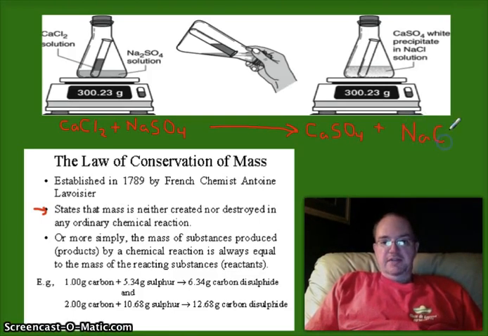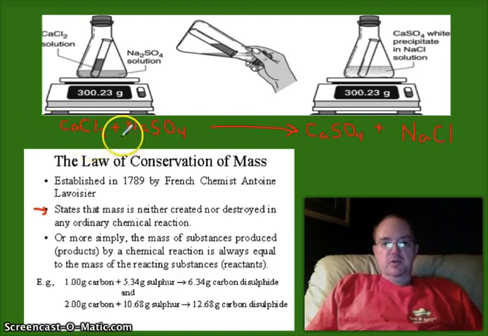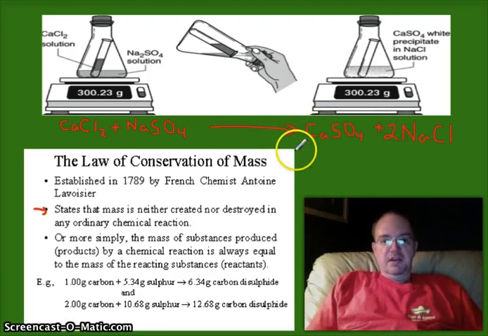well, I guess you're kind of finding it out now, that what you have on this side of the equation has to equal what's on this side of the equation. So we're going to end up with, you have two Cl's over here, so you'll end up having to have two of these. But anyway, you'll have more of that overall.